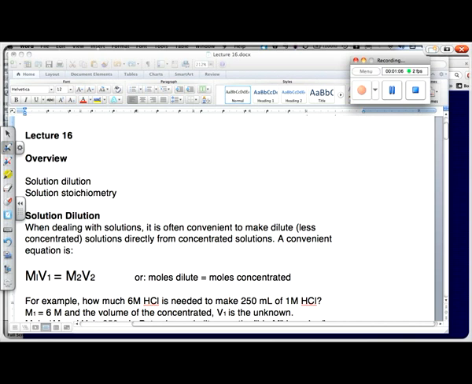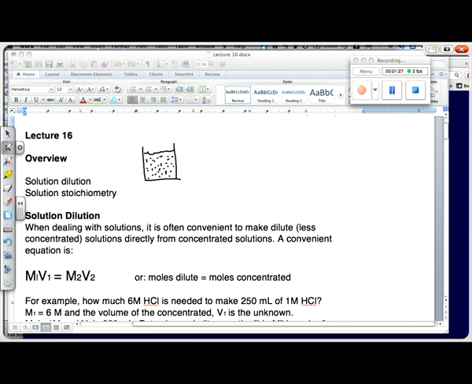So let me conceptually talk to you about what I'm talking about. If I have a concentrated solution, and we talked about this last time, I have lots of particles dissolved. This is the concentrated one. And I want to make up a more dilute solution, so the molarity will be lower.